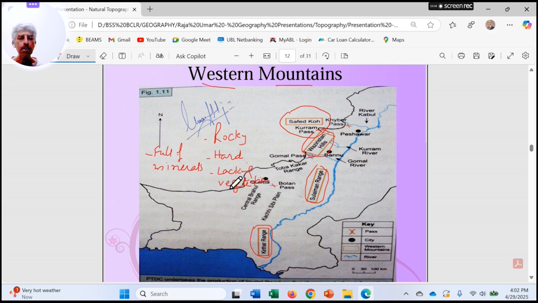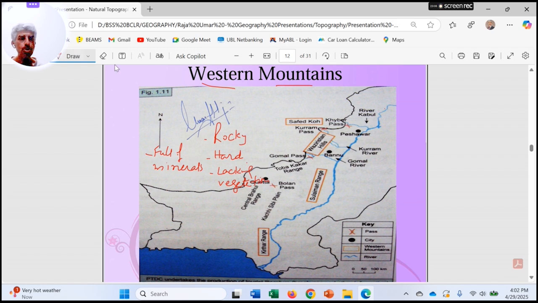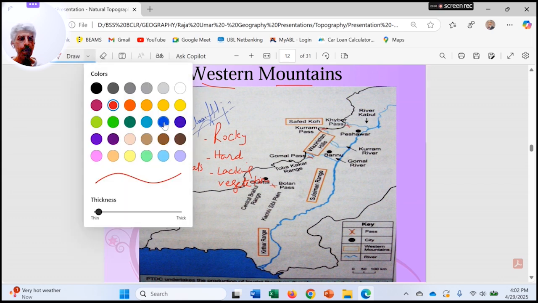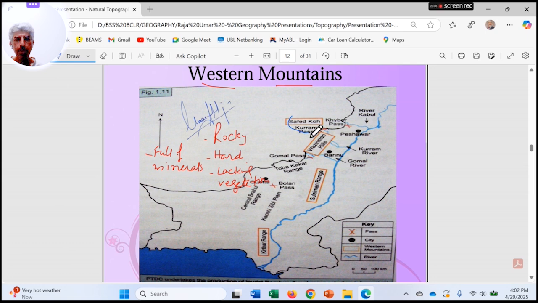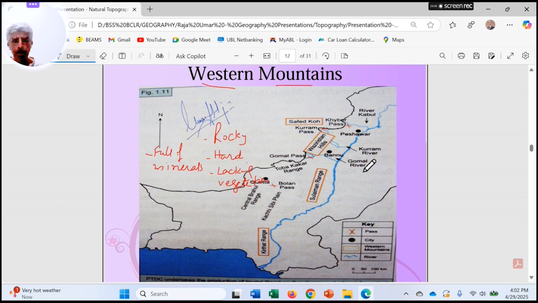Right? In certain areas we see certain snow patches. That's why they are known as Safed Ko. If we talk about the top range in the north of this region, this Safed Ko region, we see that this area has snow, and in this region some snow patches are also available in Waziristan Hills.